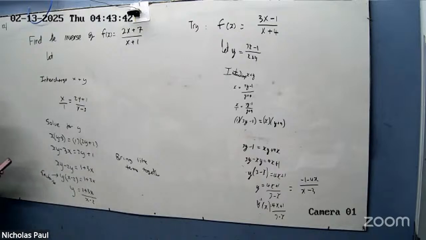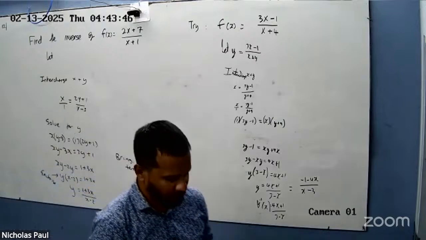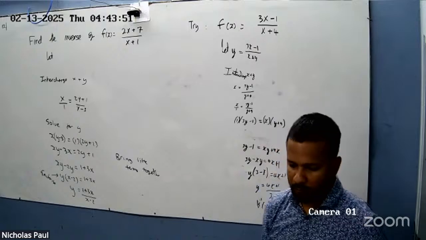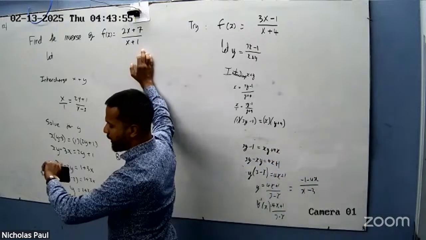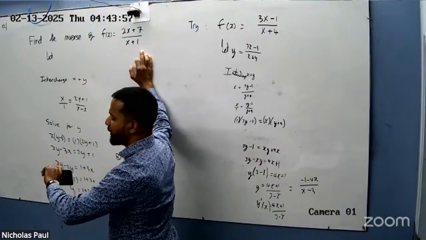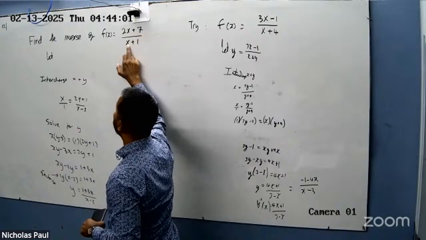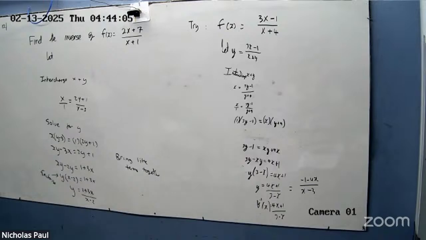Find the inverse. 2x plus 7 over x plus 1. Right, this is the last one. We can squeeze in one more. So you always think 2x plus 7 over x plus 1.